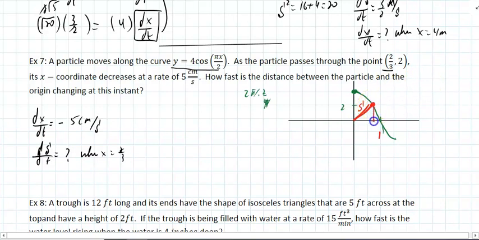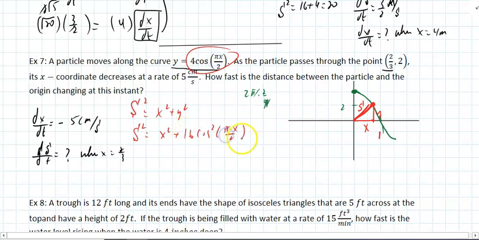Well, if I call this x, that's y, so I have s squared equal x squared plus y squared, or s squared equal x squared, and in place of y, it is 16 the cosine squared of pi x over 2.